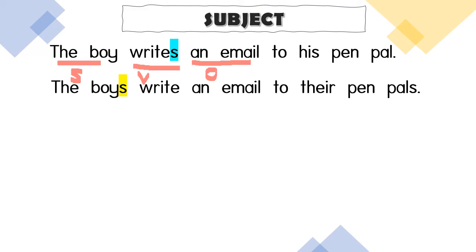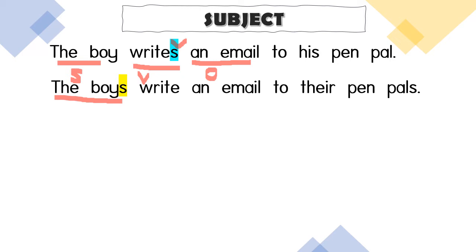Okay. There are some of sentence pattern, but this is the simpler one. S, V, and O. Okay, so look at the next one. Okay, this one is singular subject, so we add S for the verb. But when it comes to plural subject, look here, kalau ada S dekat nouns, maksud dia ramai, lebih dari seorang.